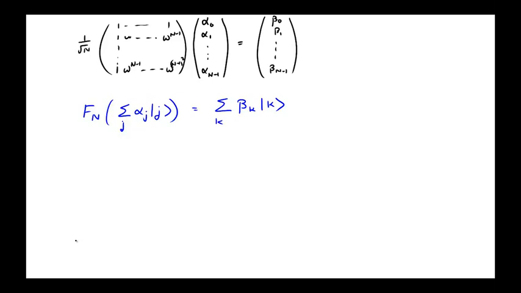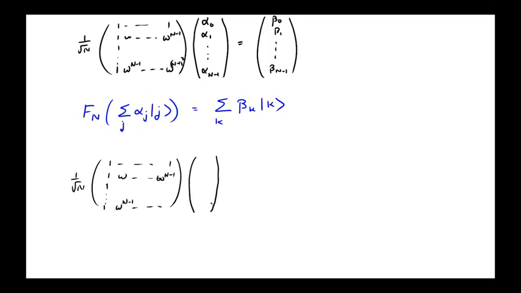Okay, so now let's consider what happens if we apply the same transformation, the quantum Fourier transform. So we apply this same matrix to a shifted version of the input.